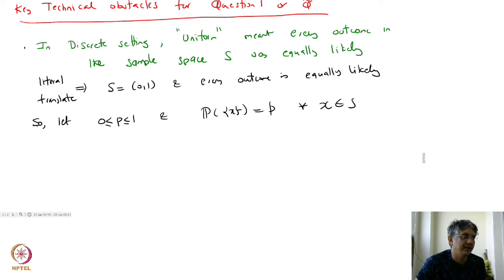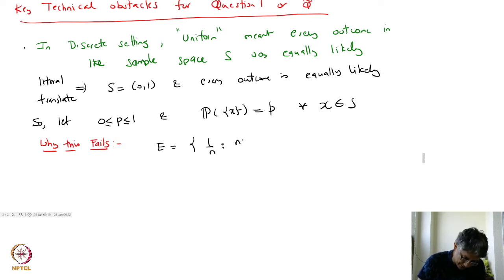But let me do a simple illustration of why this will fail. What's the obstacle? I take the set E to be the set of 1/n, with n bigger than or equal to 2, so that is 1/2, 1/3, 1/4, and so on.